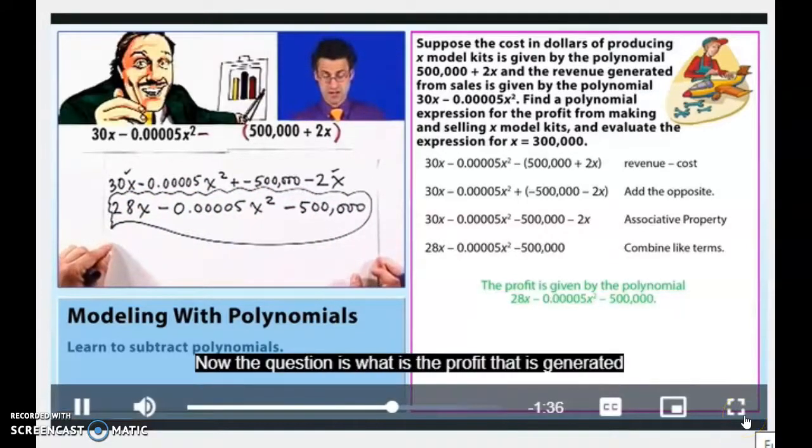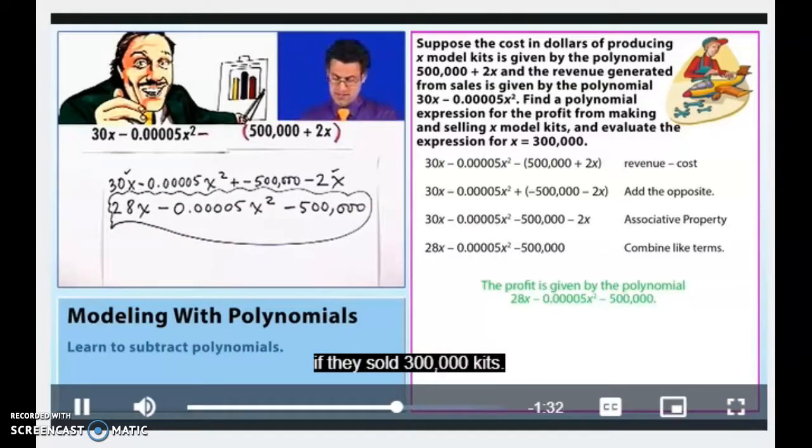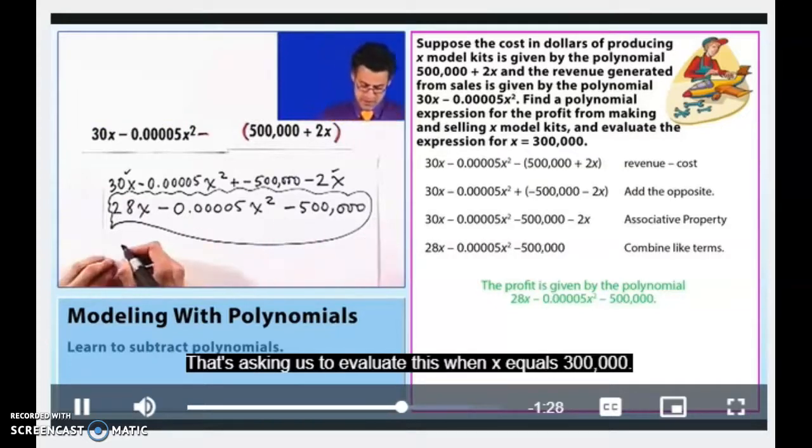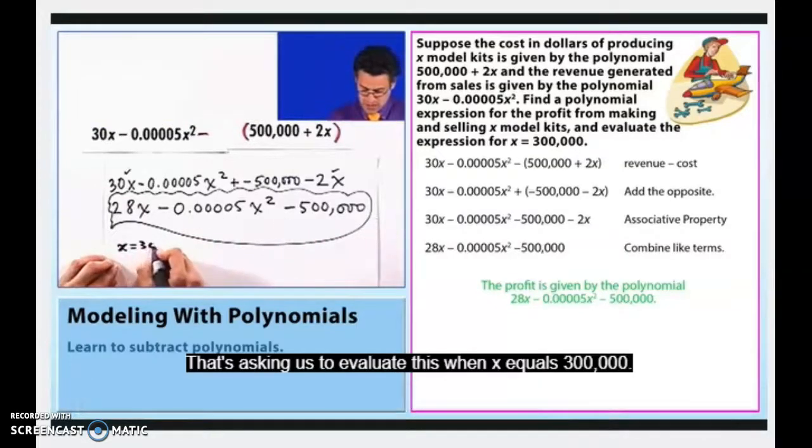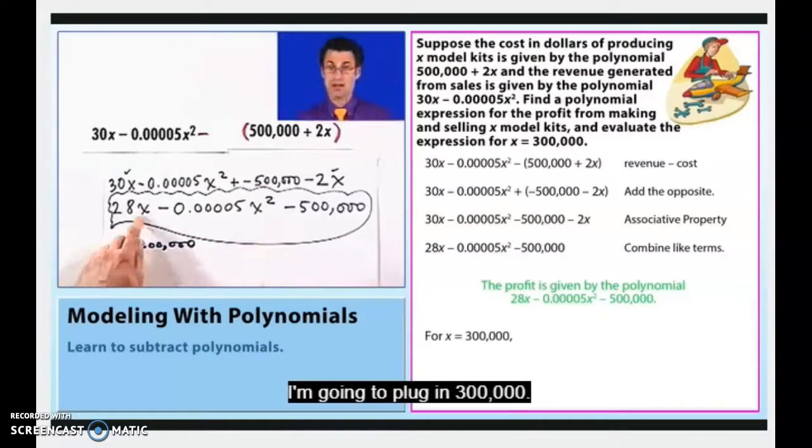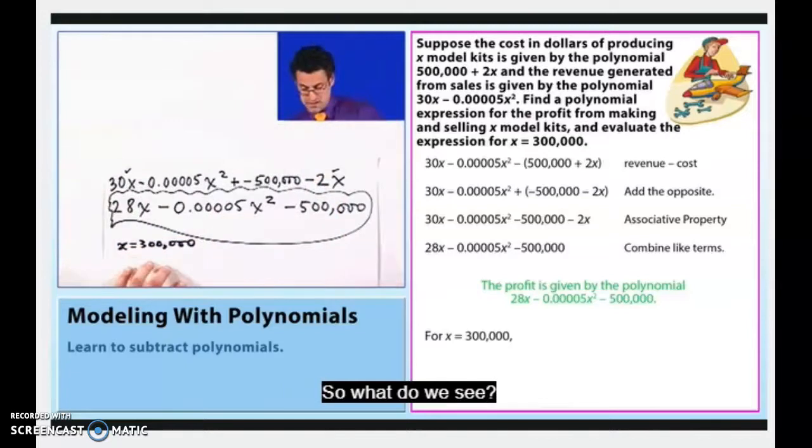Yes, sir. Now the question is, what is the profit that is generated if they sold 300,000 kits? That's asking us to evaluate this when x equals 300,000. That means wherever I see an x, I'm going to plug in 300,000. So what do we see?